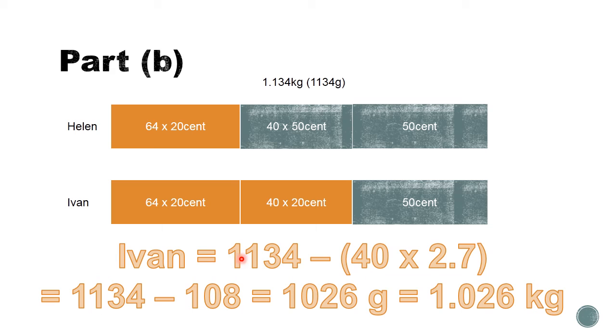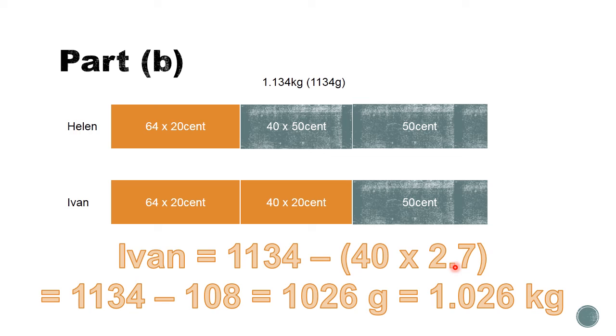Helen's coins 1134. Where does this 40 actually come from? This 40 is actually this coin over here. So if you look at the weight, how do I deduce this? This part is the same weight. The 50-cent coin on this portion is also the same weight. I know Helen's weight is given in the question. I know that 50 cent is heavier by 2.7.